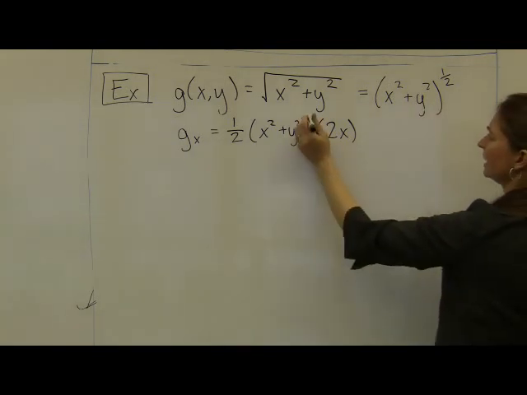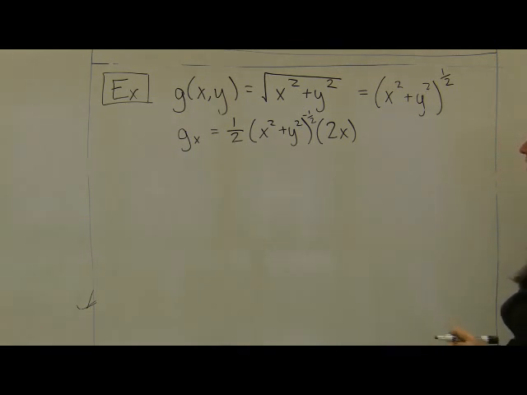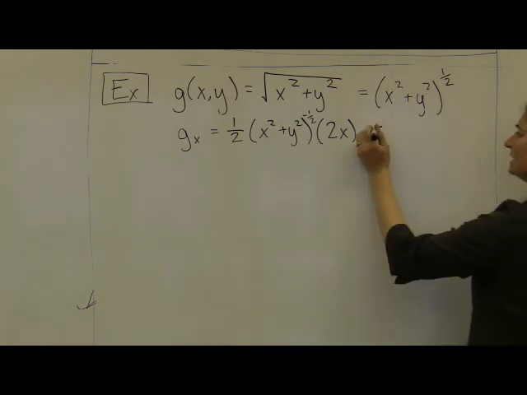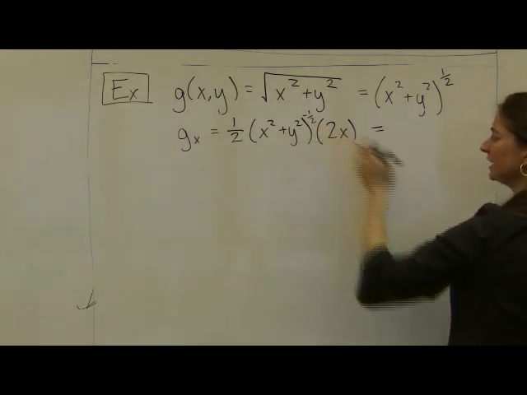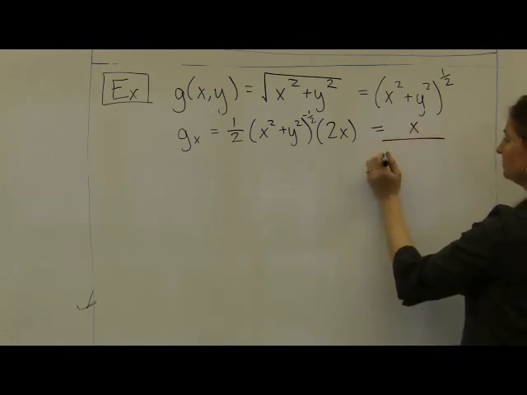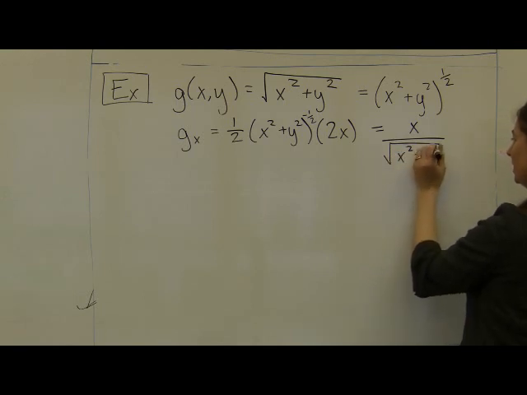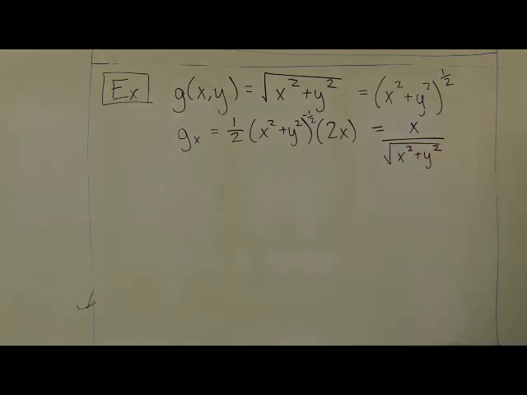Oh, sorry, derivative of the outside, it's going to need to be raised to the negative 1/2 power. If I can simplify some of this, the 1/2 times 2 cancel one another, and I end up with x divided by the square root of x squared plus y squared.